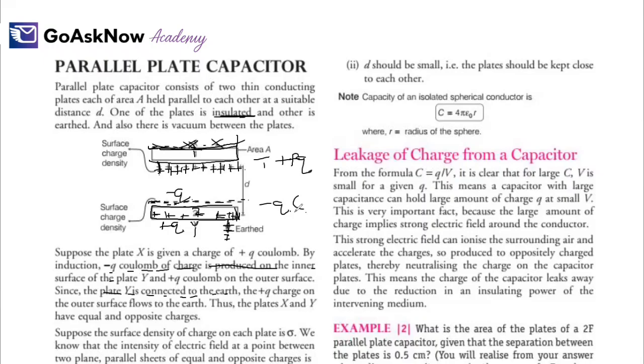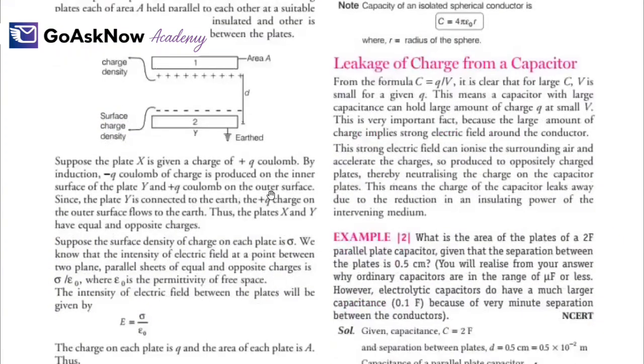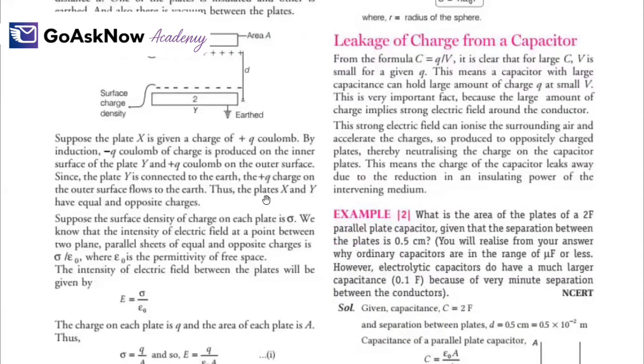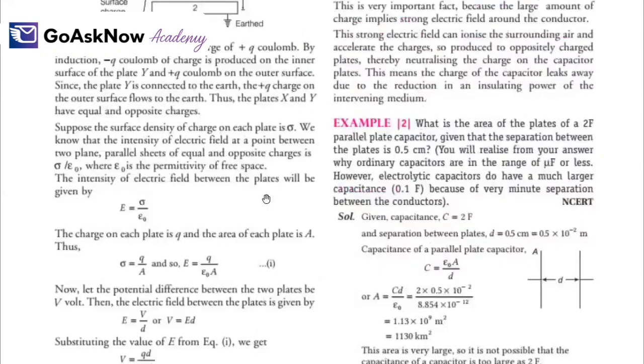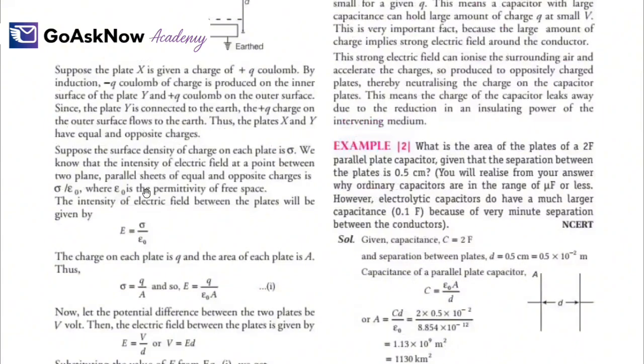Suppose the surface density of charge on each plate is sigma. We know that the intensity of electric field at a point between two parallel sheets of equal and opposite charges is sigma by epsilon naught.